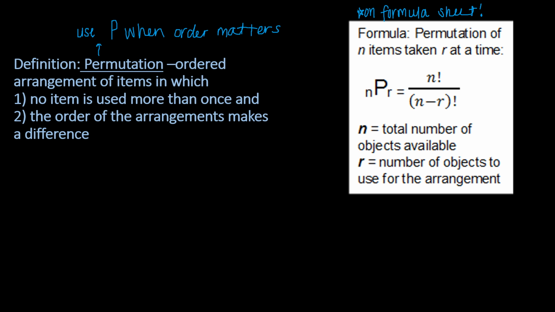And so that's going to be n factorial over n minus r factorial. Now, n is your total number of objects available, so how many people are you counting from, how many classes are you using on your schedule, and then r is how many to use for the arrangement. So are you making a group of 3 leaders? Are you putting 4 classes down on your schedule?